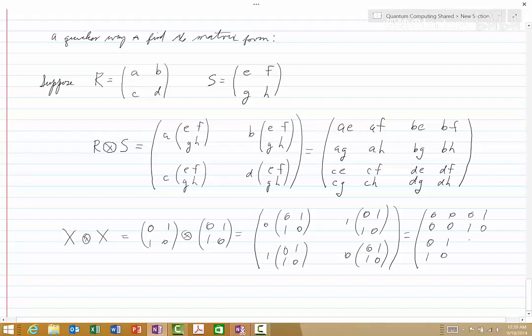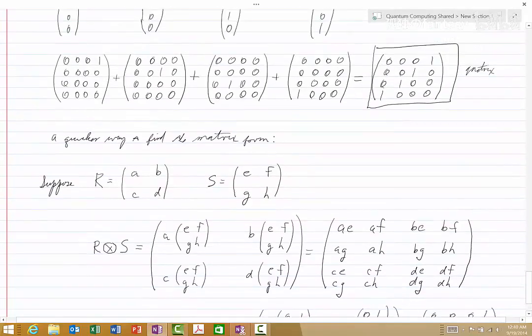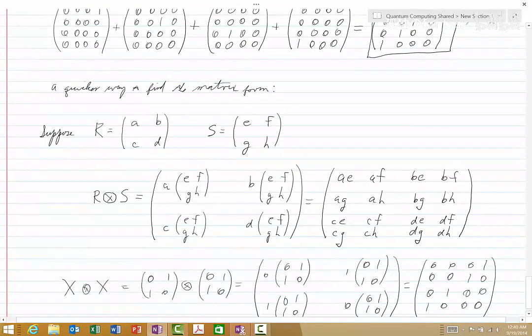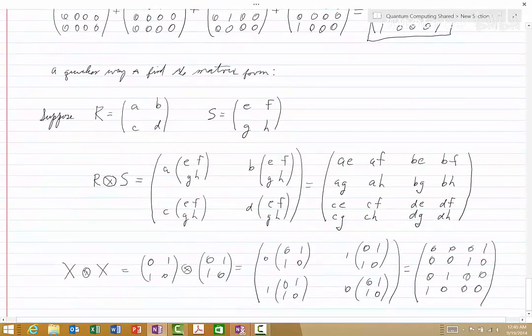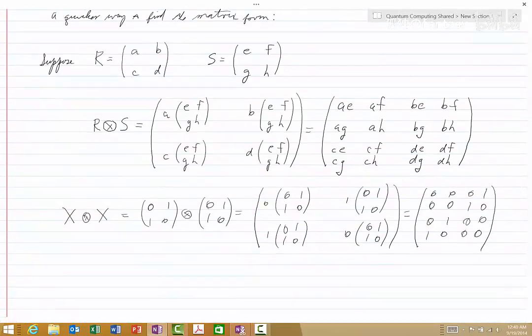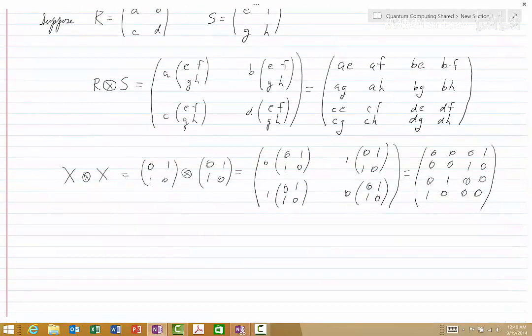And 0, 0, 0, 0 here. And sure enough, if you compare this answer here with the one up here, you see that we obtained exactly the same answer. So that's a quicker way to get the tensor product of two operators when they're given in matrix form.